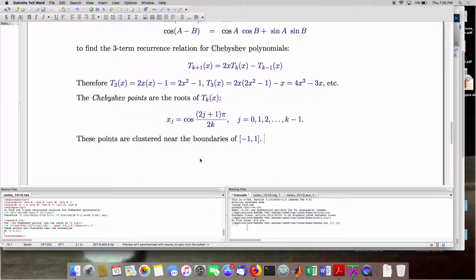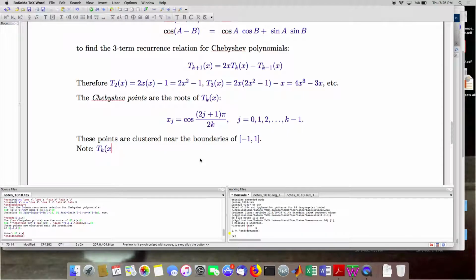Now, if I have my polynomial T_k of x, and these are my roots, then I can express a k-degree Chebyshev polynomial as a factorization involving these roots.